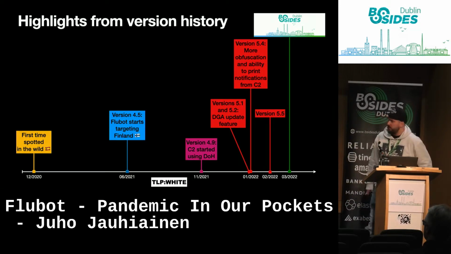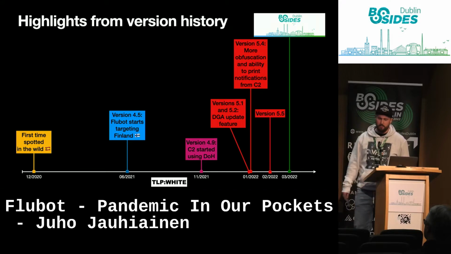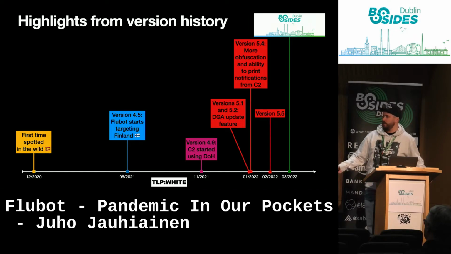But yeah, a little bit about the time frame. As I told, last summer I got involved with this case in Finland. It was version 4.5, which started spreading in Finland, and that version was actually still using the legacy connection, so it directly connected to the C2 instead of using the DNS over HTTPS.